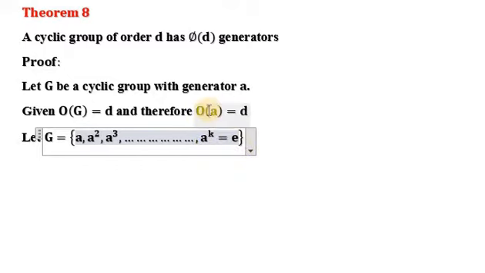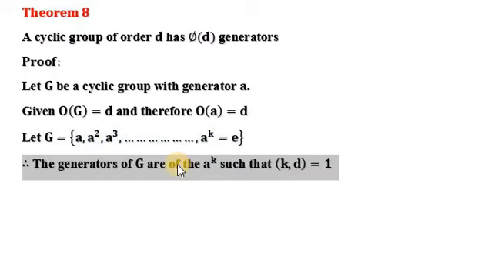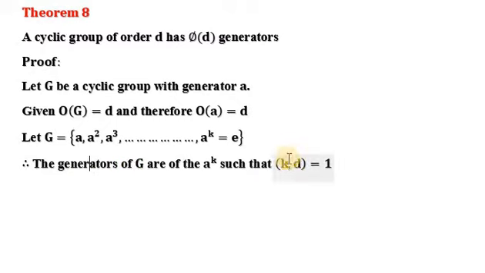Since A is a generator of the cyclic group G, all elements of G are integral powers of A. The generators of G are A power of K such that K and D are relatively prime, meaning gcd of K and D is equal to 1.